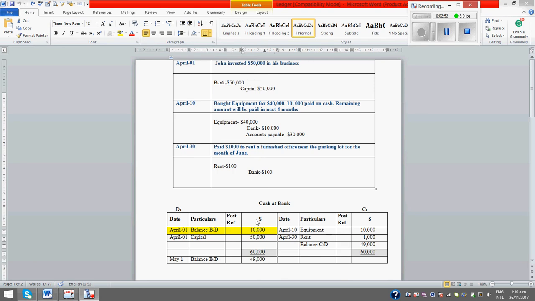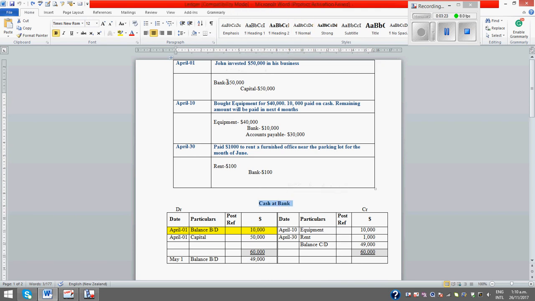What happened is you see $50,000 bank is debit. So if you see the ledger account you are going to prepare, which is called cash at bank, you see that bank $50,000 is debit, right? So that $50,000 would be debit here. Just ignore this one because that bank you already wrote here.